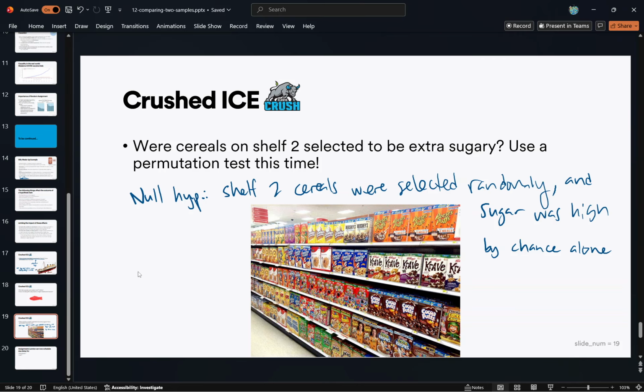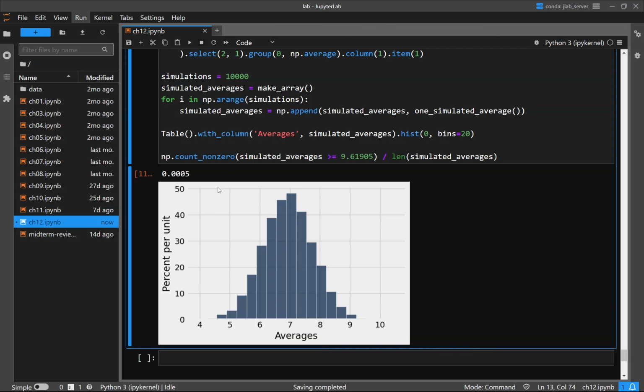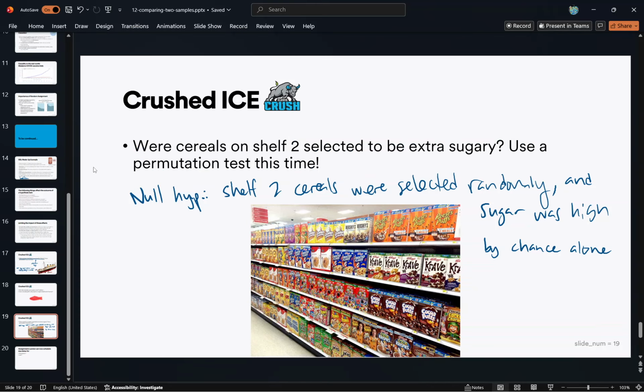And so our conclusion then is we reject the null hypothesis. We reject it. It does not predict the data nearly well enough. It's so unlikely that this really happened. We'd be in, what, 5 out of 10,000 universes. It's very, very unlikely that we are there. So it's more likely that we're over here, that the sugary cereals were placed on shelf 2 deliberately, and that is our conclusion.